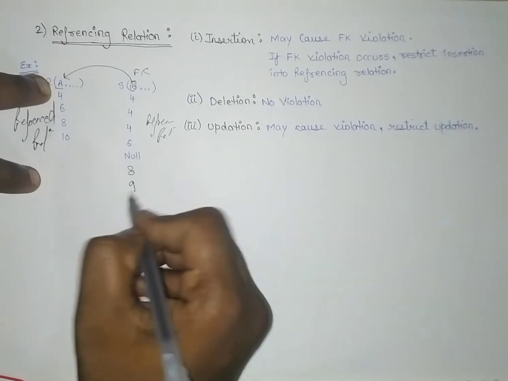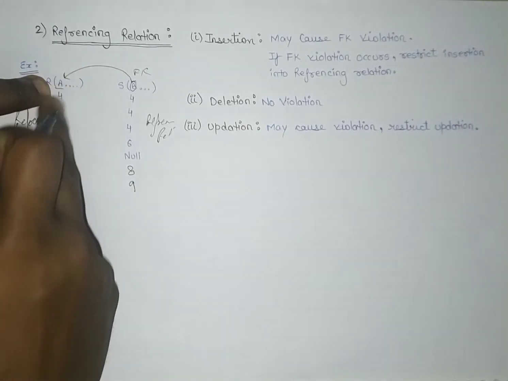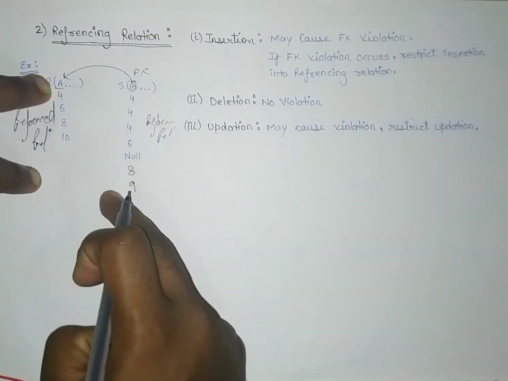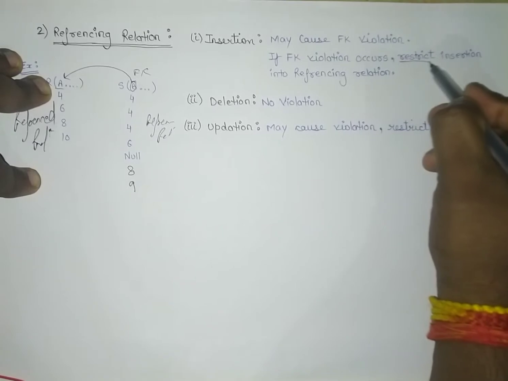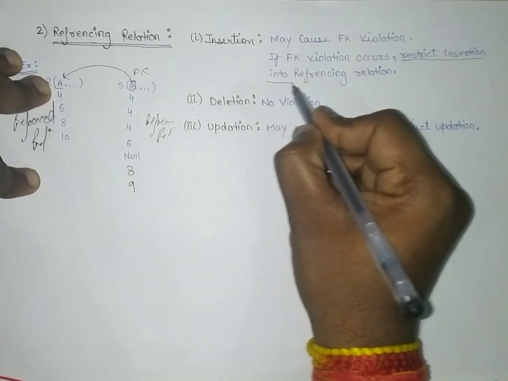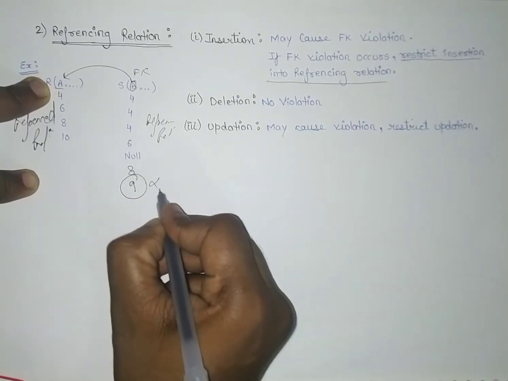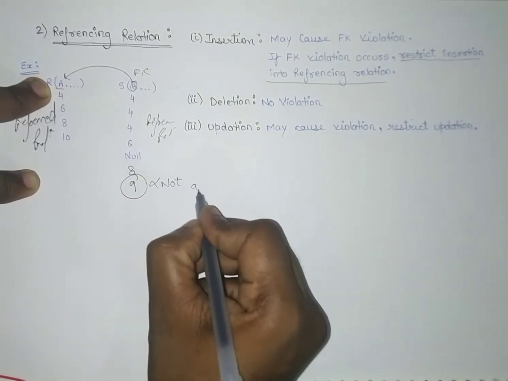So we cannot refer to this 9 in this table. Whenever this kind of violation occurs, we have to restrict the insertion into the referencing key.